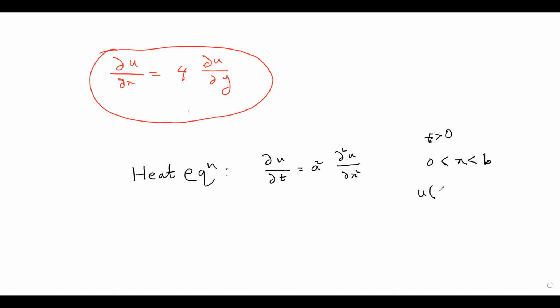Generally, it's expected that you are going to be given a function of u at the two endpoints, x equals to 0 and x equals to b. So u means heat energy here actually. So the heat energy travels through time and space.